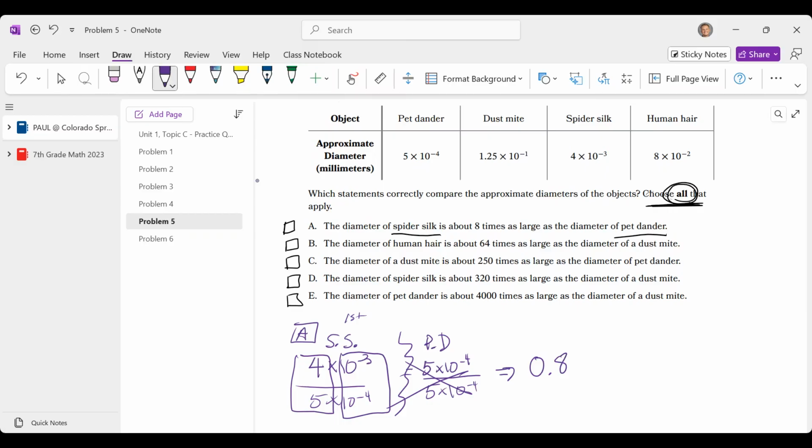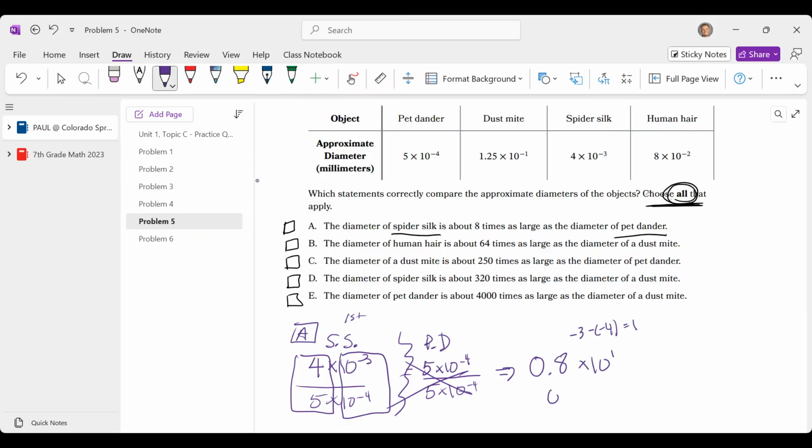So I've done my first piece here. My second is 10 to the negative third divided by 10 to the negative fourth. When we have those exponents, we subtract them. So negative 3 minus negative 4 gives us a positive 1. So this is going to be multiplied by a power of 10 to the exponent of 1.